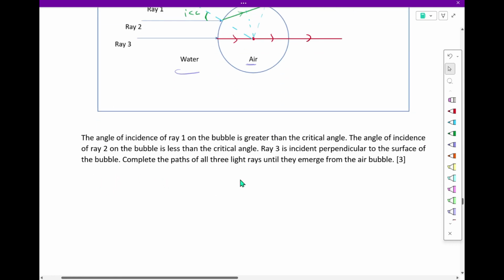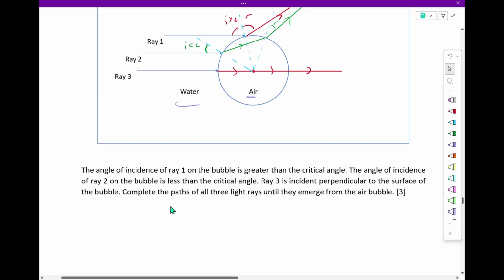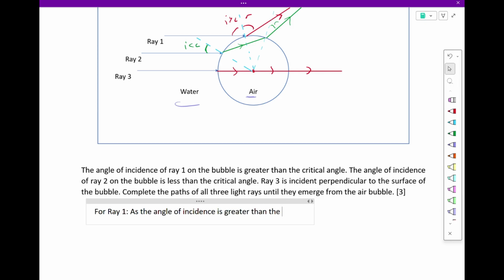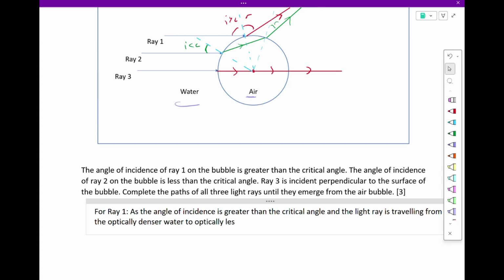If you need to, you can just explain why. For ray number one, the one on top, you can see that the angle of incidence is greater than the critical angle, and the light ray is traveling from optically denser water to optically less dense air, so the light ray will undergo total internal reflection.